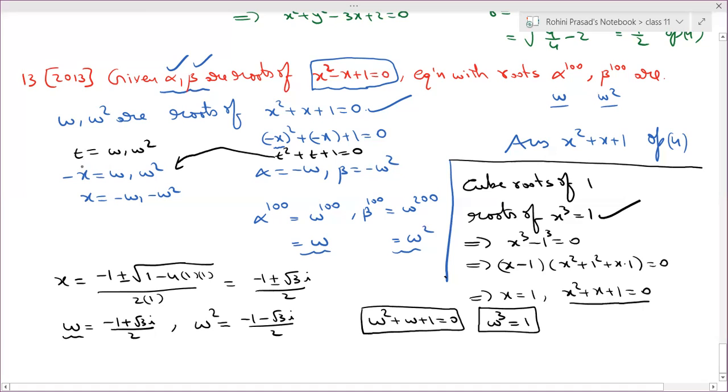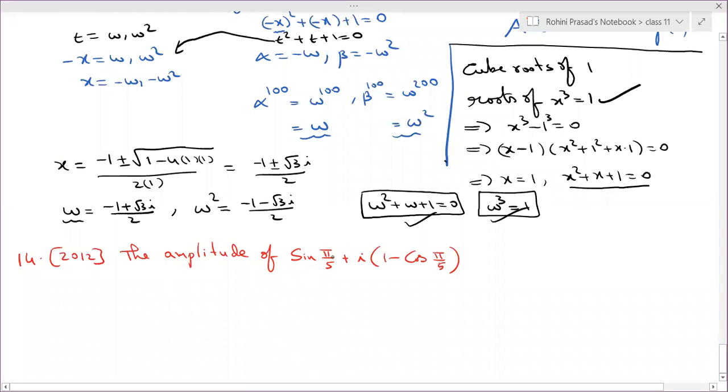So write t equal to minus x in reverse. Then you get x equal to minus omega and minus omega square. Then you understood that minus omega and minus omega square are the roots of this equation. So alpha is minus omega, beta is minus omega square. And using those, we got the values of alpha power 100 and beta power 100 as omega and omega square, using these properties which we derived just now. And that's it.